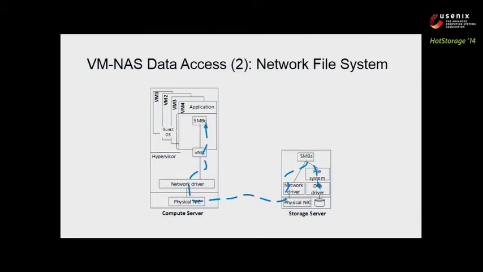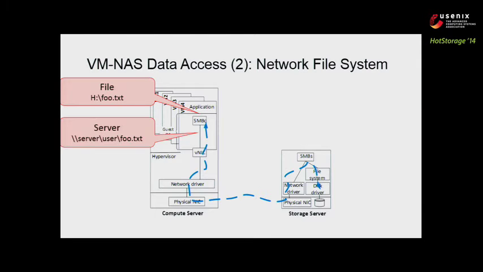On the contrary, for the network file system, the application explicitly knows that files are remote and uses an SMB client within the guest OS. And the SMB client directly maps the access to the file to a remote location address and transmits the request through the virtual NIC, bypassing the hypervisor, to the storage server.